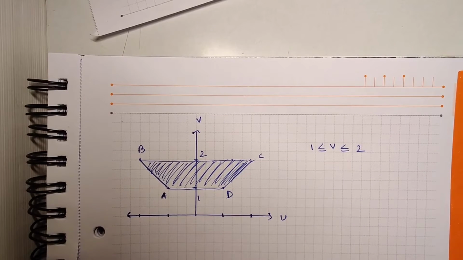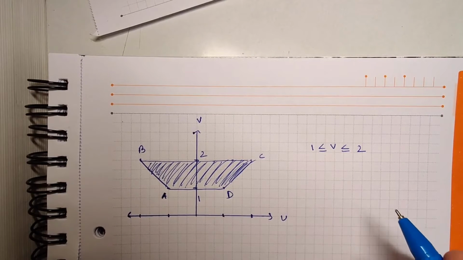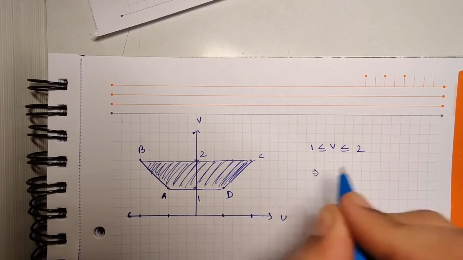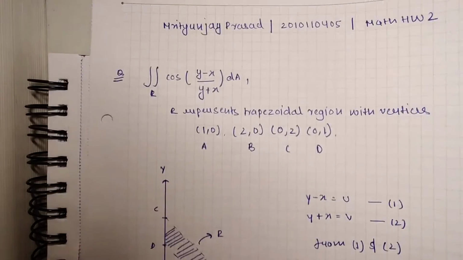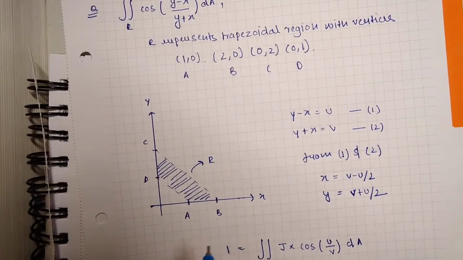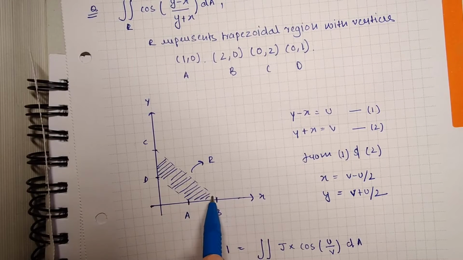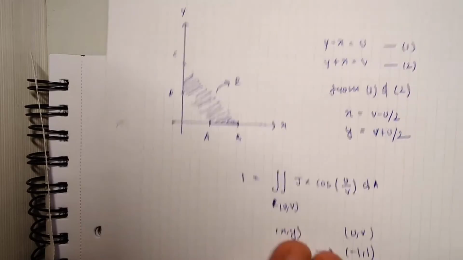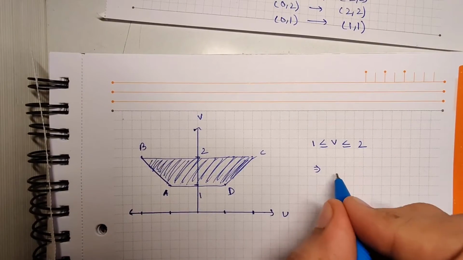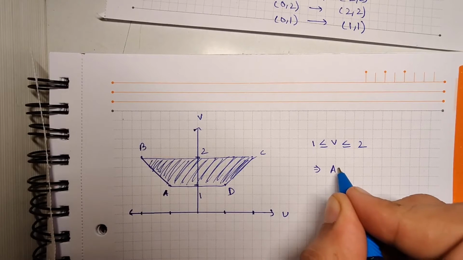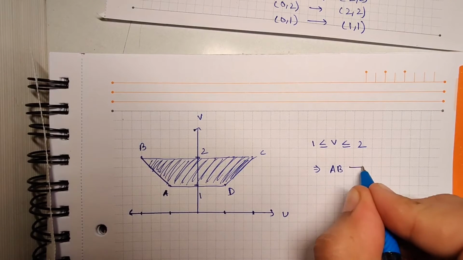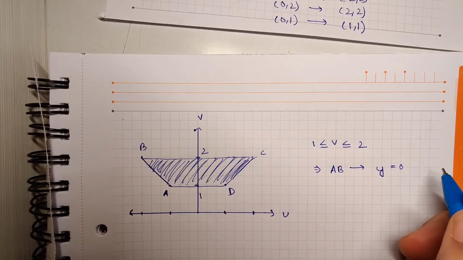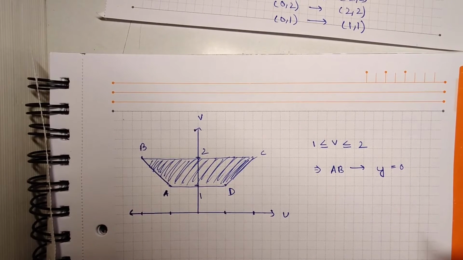But again the question arises, what is the limit for U then? For that we have to check this graph once. So here let's take the line AB. Now what does AB suggest? AB suggests that y equal to 0, since the line is on the x-axis.